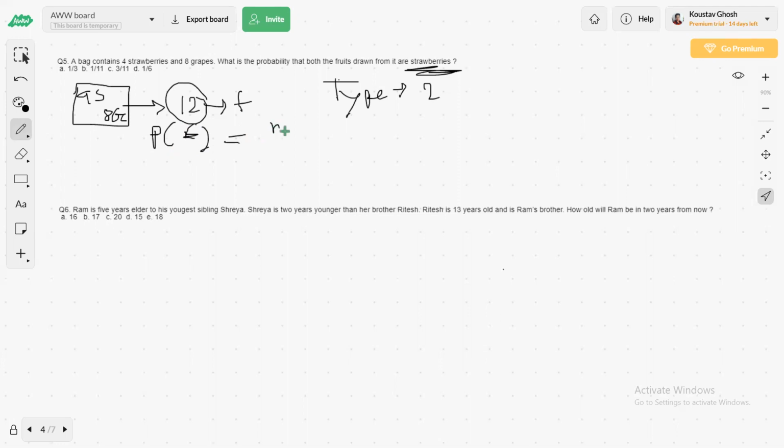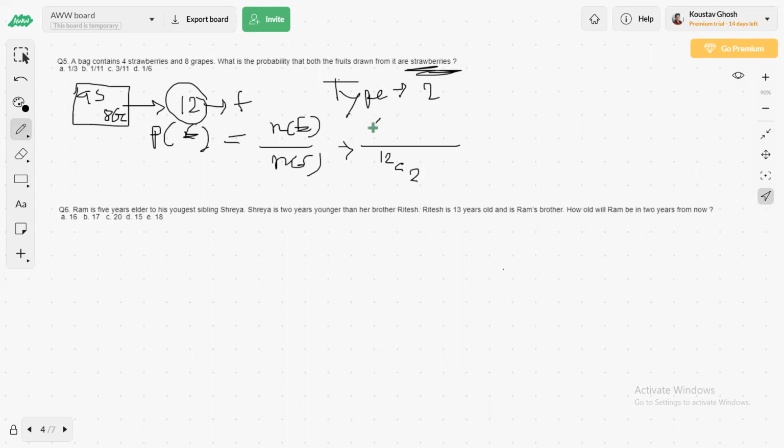Probability is the number of favorable outcomes, suppose here E, over the number of total sample space. Total sample space is 12C2, means now we are going to take 2 fruits from the total 12 fruits. And both fruits drawn are strawberries, so 2 fruits are from the strawberries.